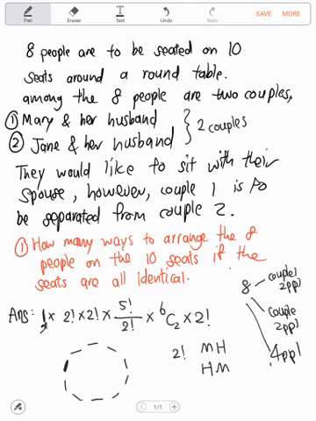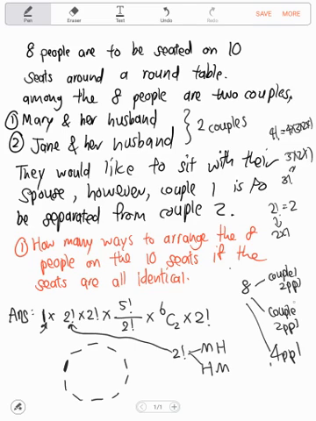So these are 2 ways, so 2 factorial, and note 2 factorial is just 2 because it is 2 times 1. 3 factorial is 3 times 2 times 1, and so on and so forth. So 4 factorial will be 4 times 3 times 2 times 1, in case you are not familiar with what factorial means. So 2 factorial is this one. This is the reason for this 2 factorial.